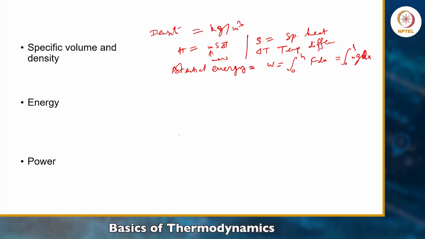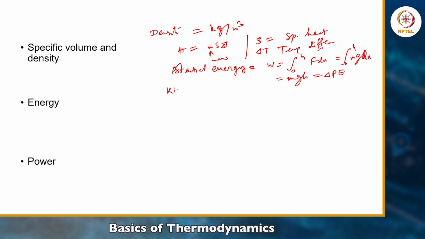How much is the distance from the surface? That is h actually. This distance is changing, that will be dx, and the gravitational force is g, so it will be mg dx. Finally it comes to mgh, del PE, potential energy you can write.